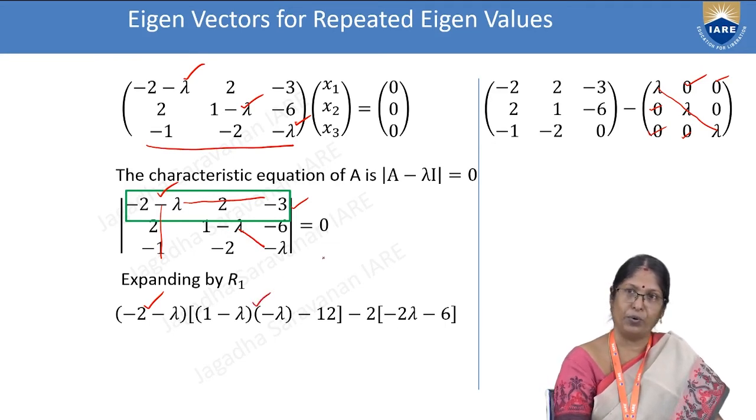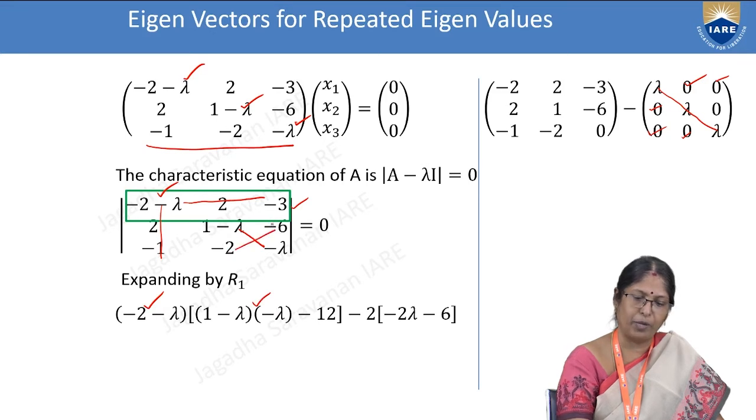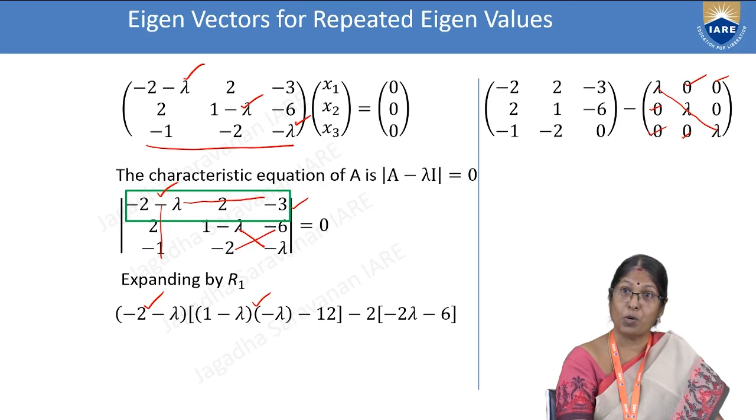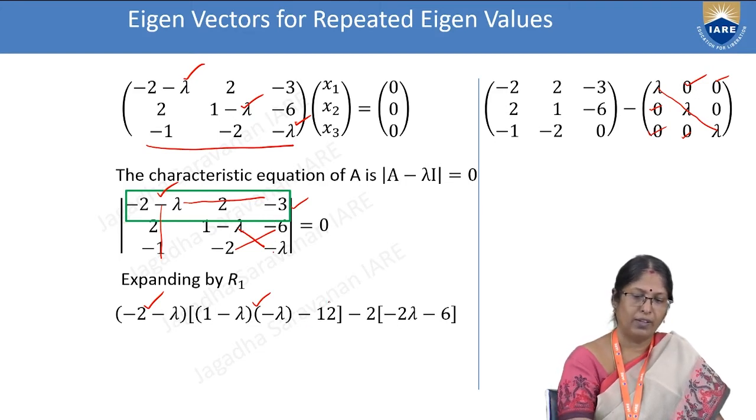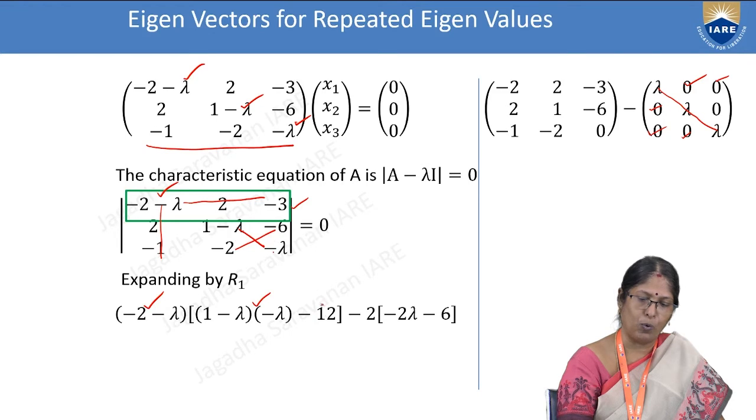Yes, fine, we wrote it. Then this cross multiplication, minus 2 into minus 6 plus 12, but the formula has a minus, so that is this into minus of this cross. So minus 12.